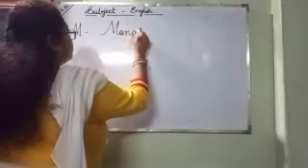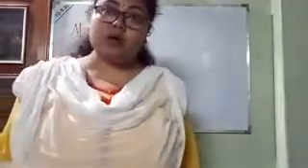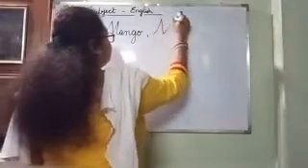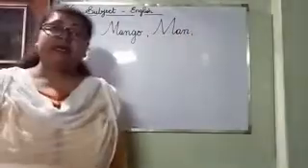M. M for what? What I have made you write? M for mango. M-A-N-G-O. Mango. Okay. Next, M-A-N.